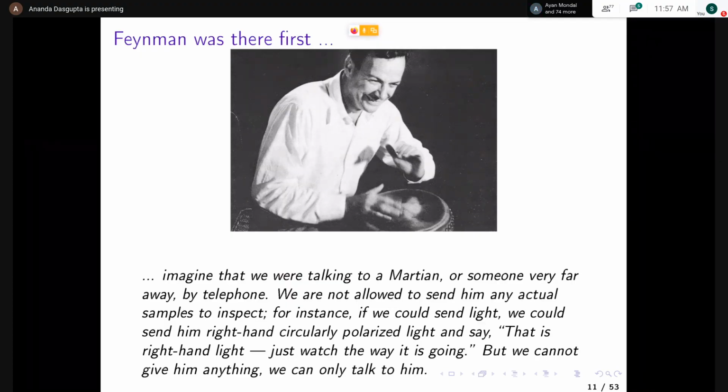This is from his Lectures on Physics, volume 1. Imagine that we are talking to a Martian or someone very far away by telephone. We are not allowed to send him any actual samples to inspect. For instance, if we could send light, we could send him right-hand circularly polarized light and say, that is right-hand light, just watch the way it is going. But we cannot give him anything. We can only talk to him.